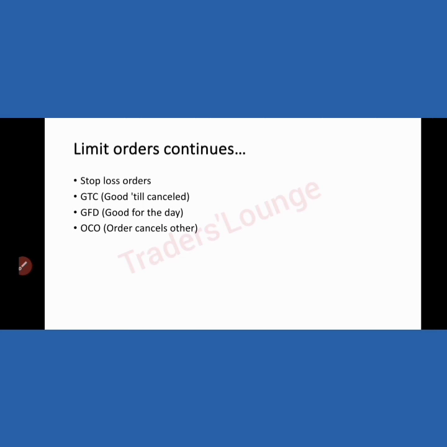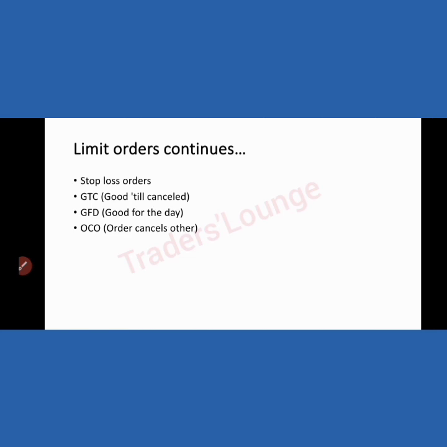I don't put TP, because when I put TP and it gets to TP, it will close the order itself. And the next one is GFD, good for the day. This GFD is a kind of order that is placed until the end of the trading day.